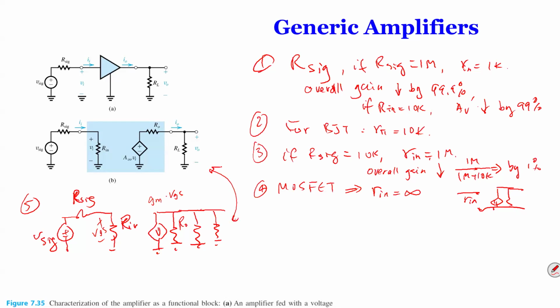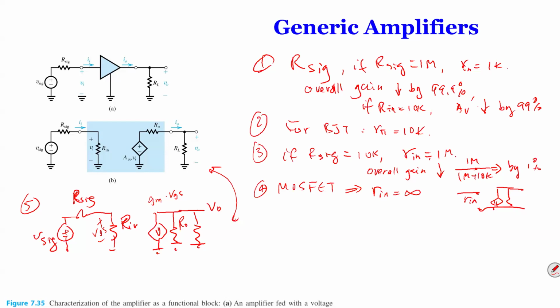Now, what I added is, well, let's remove this one. So these two circuits are really identical. From these two circuits, you can transform from one to the other. The reason is very simple: this is a voltage source, right? So you can transform that voltage source into a current source by source transformation. It will become a current source in parallel with a resistance. So these two are identical. So in the future, it doesn't matter, you already have the current circuit. So this is a generic amplifier.